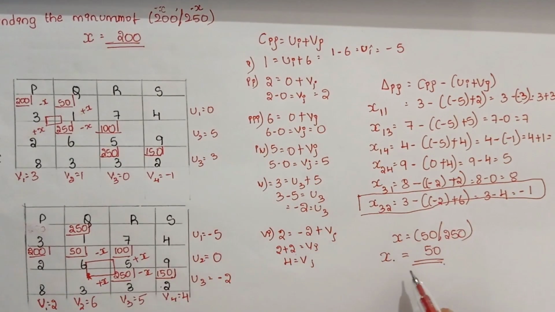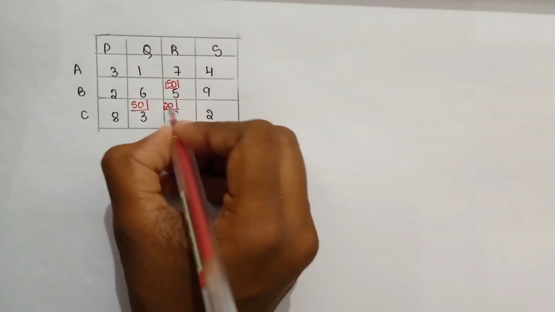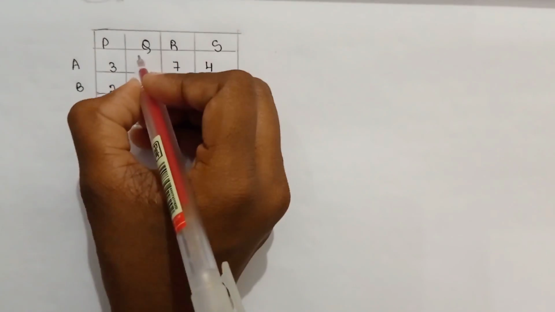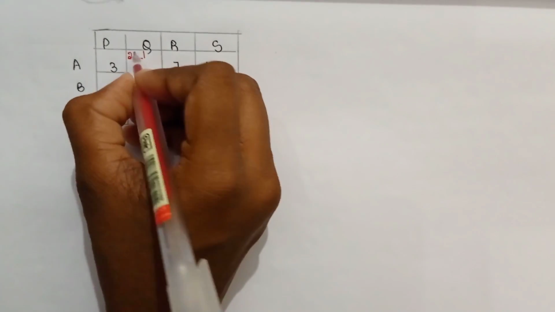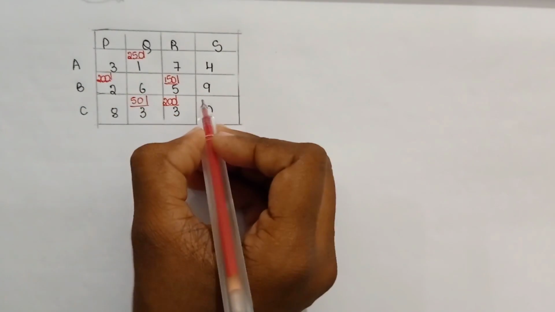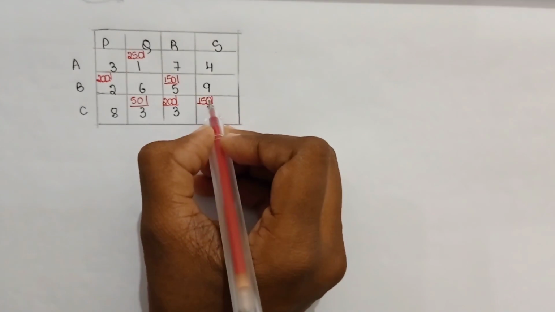So 250 minus 50 is 200. So 300 holds an allotment of 200. For the remaining cells, we keep the allotments from the previous table. So 1 holds an allotment of 250, 2 holds an allotment of 200, and 2 holds an allotment of 150.